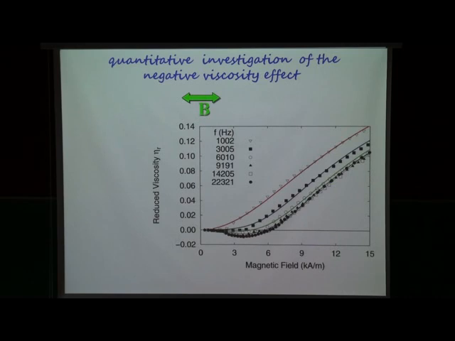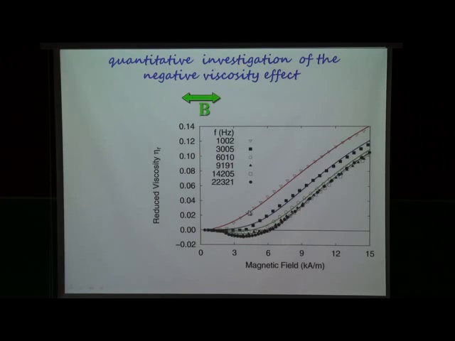So what we did is we applied alternating fields in a regime from 1 kilohertz, which is top 1000 hertz, 3000 hertz, 6000 hertz, 9000 hertz, 14,000 hertz, and 22,000 hertz. In between as well, but for you, I don't show you these curves.